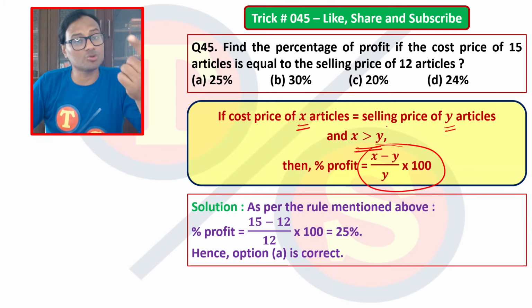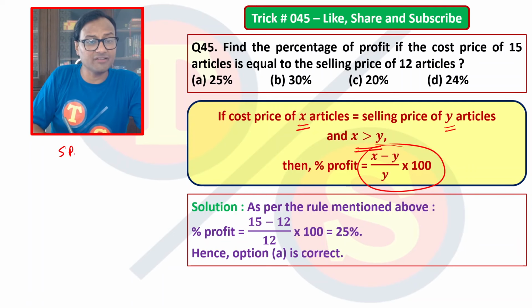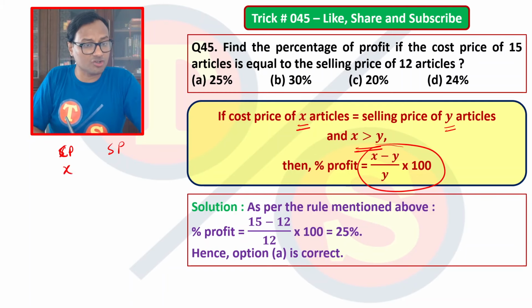But if you want to solve it without using this formula, in that case you will assume some value of the cost price and some value of the selling price. Suppose the cost price of one article is x and the selling price of one article is y.